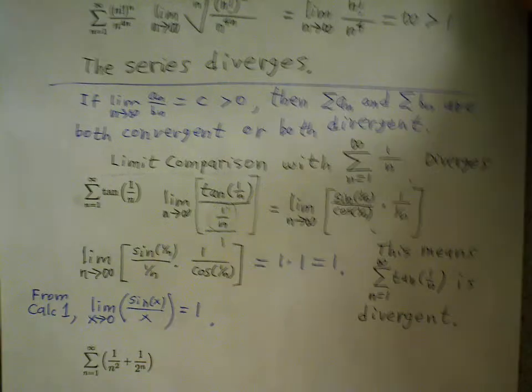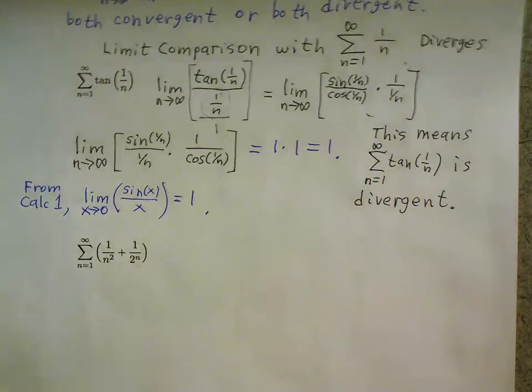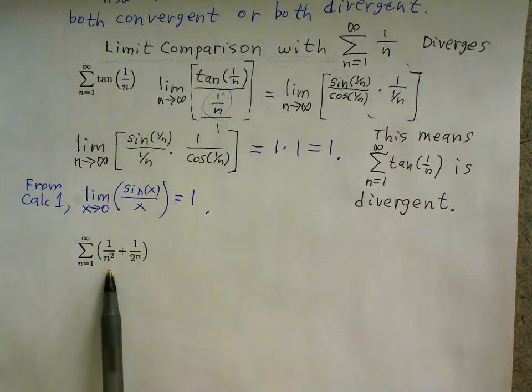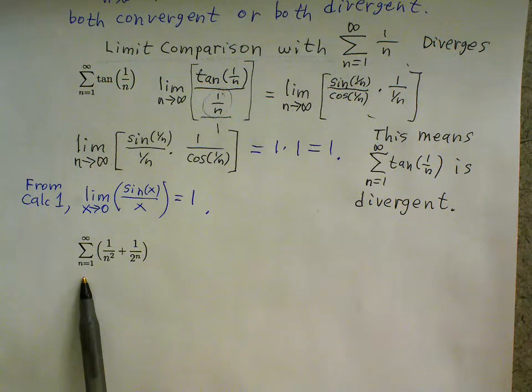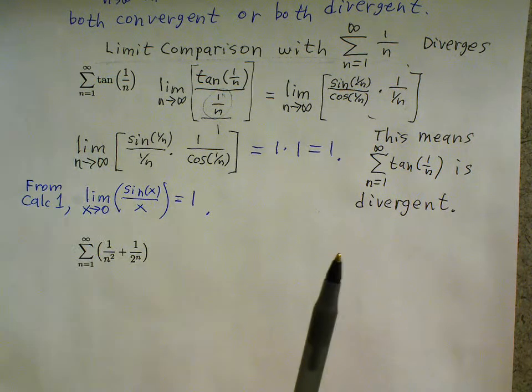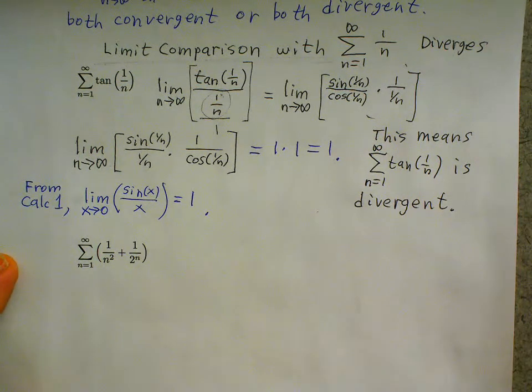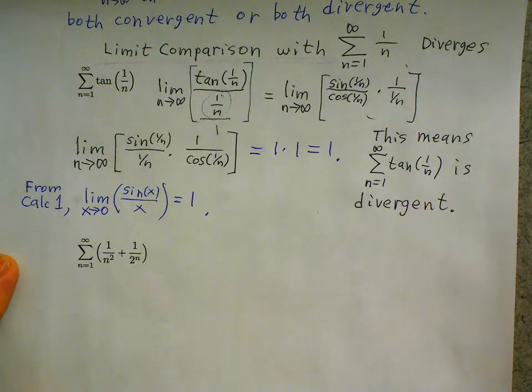Okay, the next one. What should we do for the next one? The terms in the series are 1 over n to the second plus 1 over 2 to the n, as n ranges from 1 to infinity. So with a little practice, you'll at a glance know exactly what's going on here.